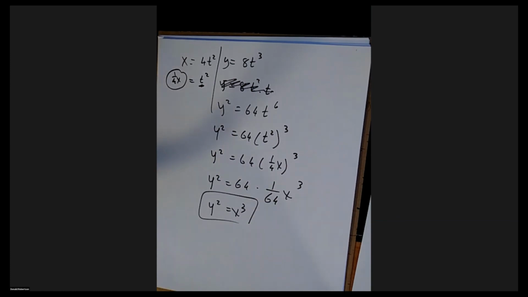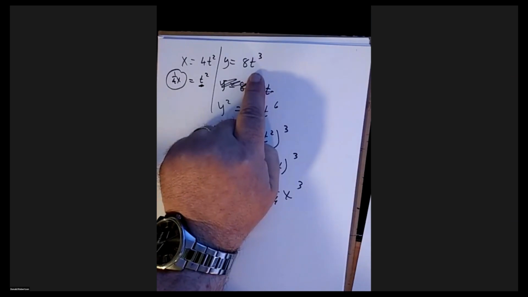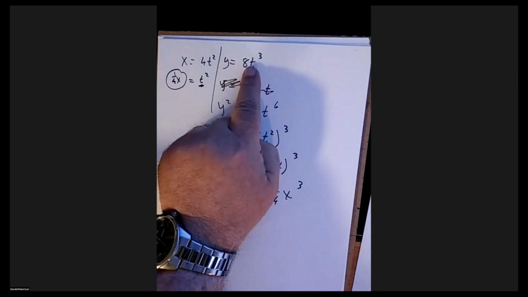So do you see what I did there is I basically circumvented the make me t equals and decided to use the t squared equals.